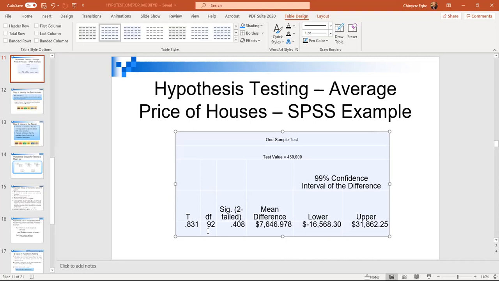What you see is your Z value. Let's call that Z. You see your Z value is 0.831.